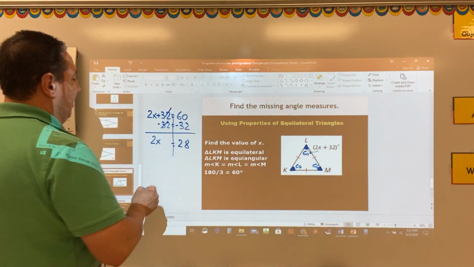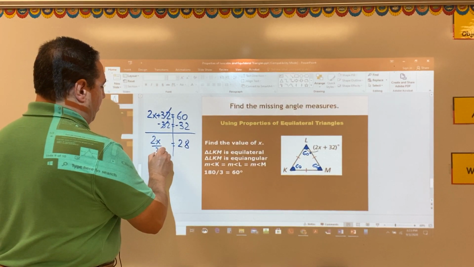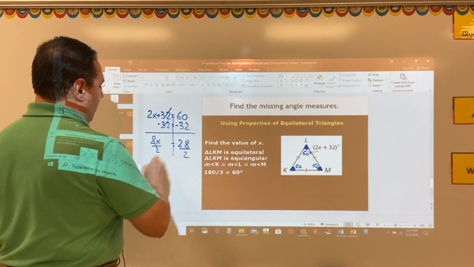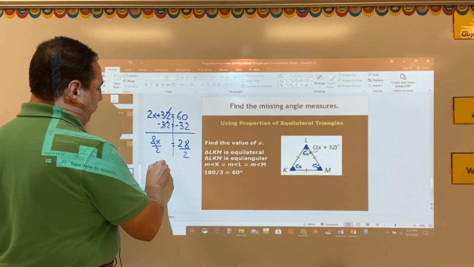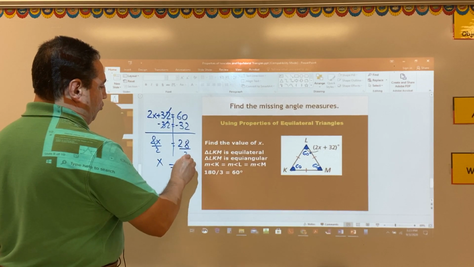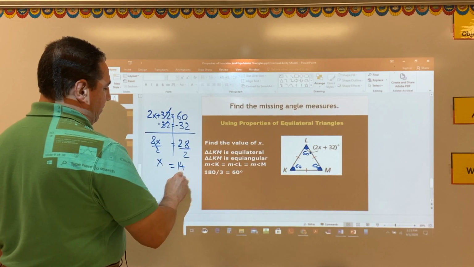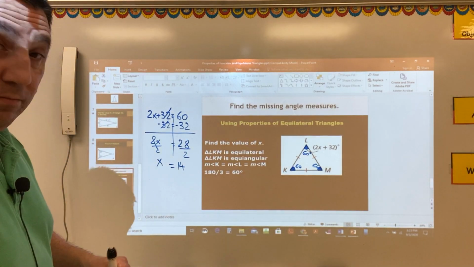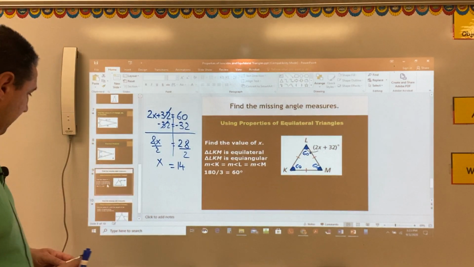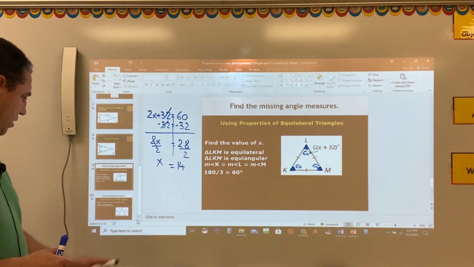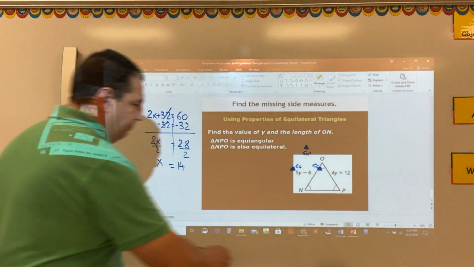Now we get rid of 2 by dividing by 2, both sides. And 2 and 2 divide out. X would be equal to 14. Good. And one more example.